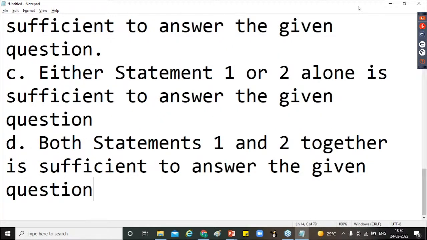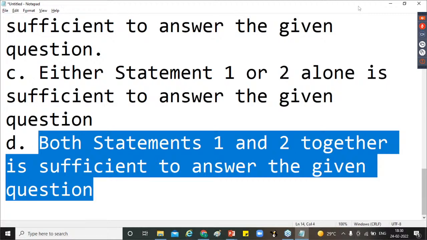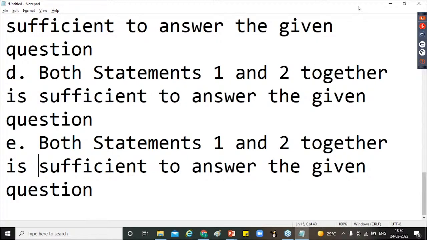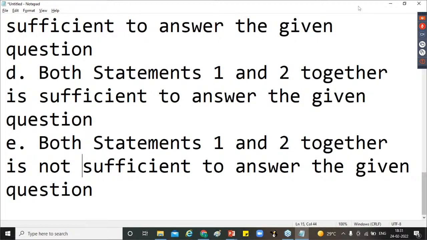Or even if you combine both the statements, both are still not sufficient to answer the given question. These are the possible options while solving data sufficiency problems.